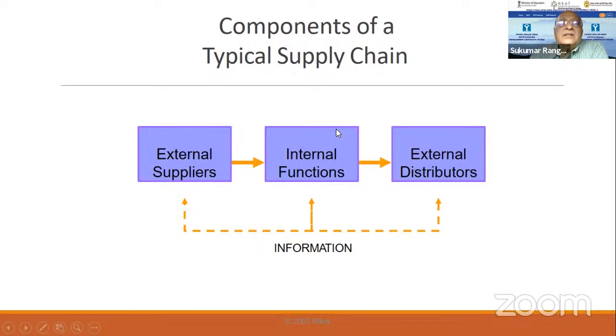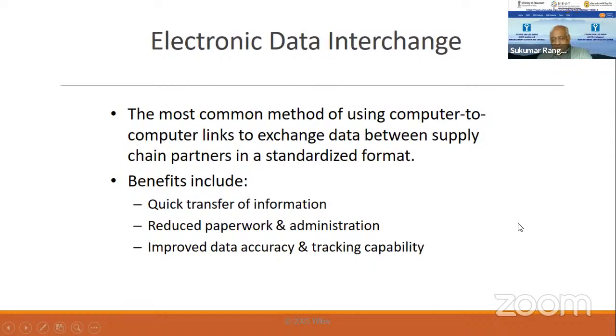A typical supply chain is very simple: an external supplier, your internal functions, the external distributor. So you can have further distributors on this, there can be further suppliers on this side, and there is a constant flow of information across all these. Okay.